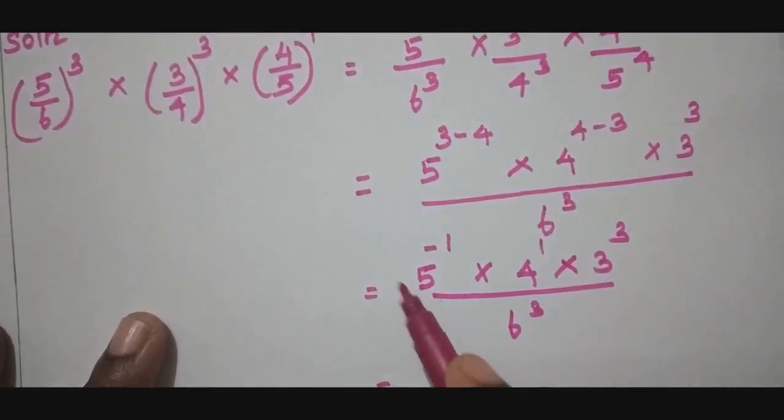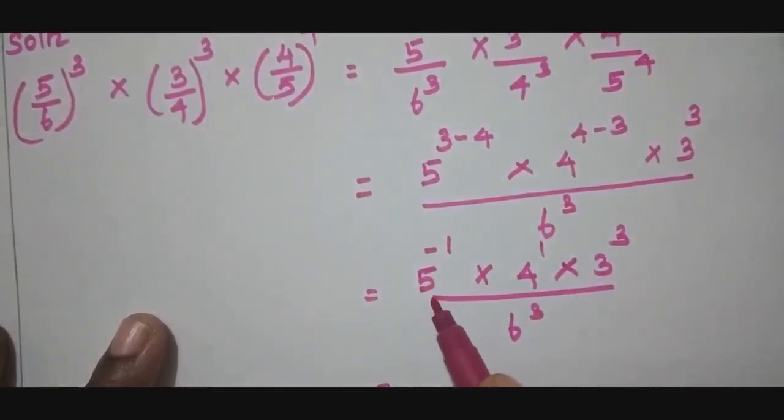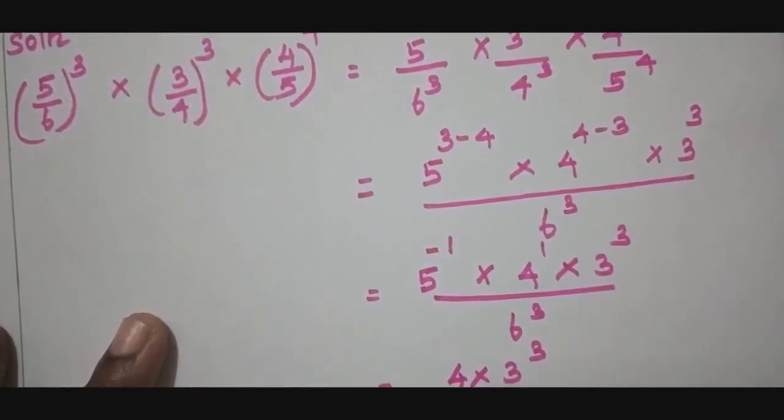So this is 5 power minus 1. When we bring this one to the denominator, this becomes 5 power plus 1. So in the numerator, 4 into 3 cube divided by 5 into 6 power 3.